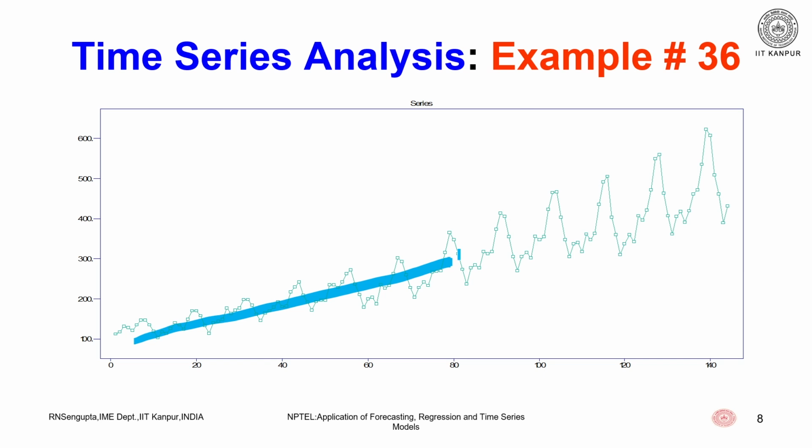Till about the time unit of 80, it is fixed at a certain rate, and after 80 it increases a little bit and keeps increasing. Which means that if I break up this time series into two time zones, from 0 to 80 and from 80 to 140, the trend, or the average value of the increase from 0 to 80, is less than the trend per unit time from 80 to 140.